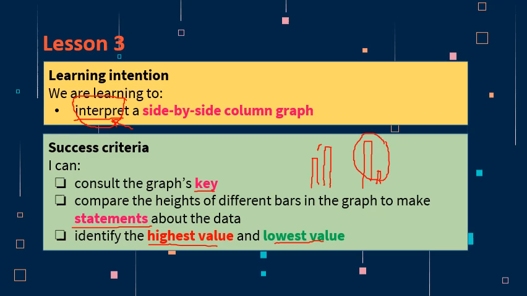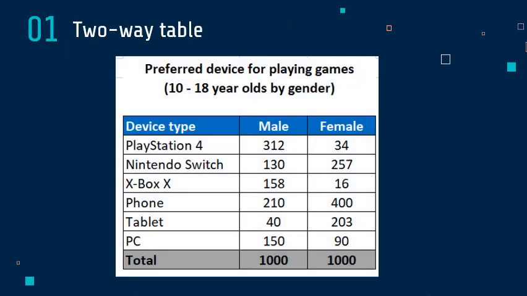Okay, let's look at our first example. And that's going to be this two-way table that we looked at yesterday. So we created a two-way table where we had two pieces of, well, actually more than two pieces of data, but two variables. So one was gender, so male or female, and the other was a video game console or a device.